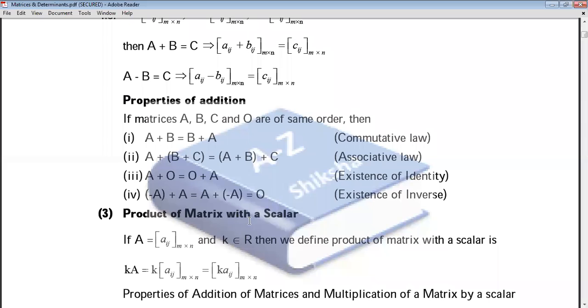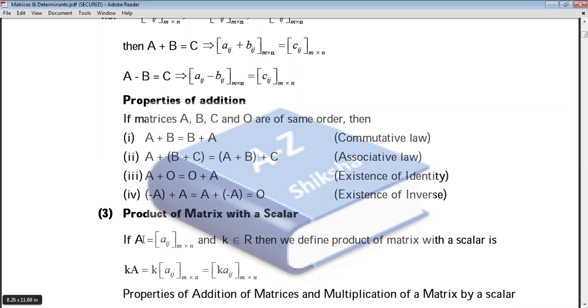Matrix multiplication, the second part, we will discuss later on with problems, because that will create lots of confusion, and lots of basic things are required for that. So for today we will discuss the product of a matrix with a scalar, that is, when a scalar is multiplied with a matrix. That is the main thing.